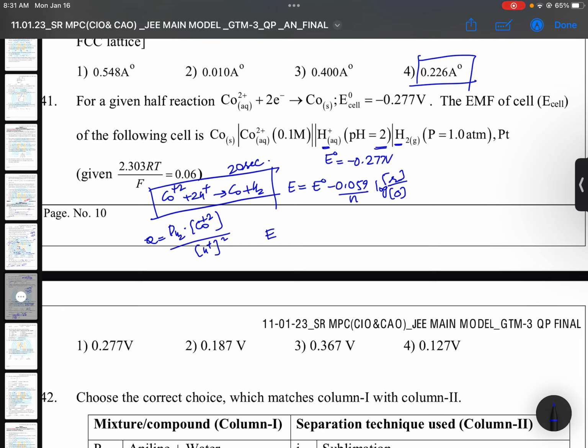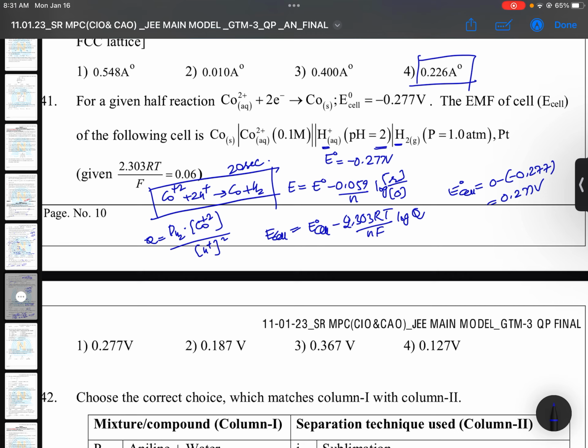And E cell is equal to E naught cell minus 2.303 RT by F log Q. 2.303 RT by F is nothing but 0.059. So E naught cell is equal to 0 minus 0.277, which is 0.277 volts.